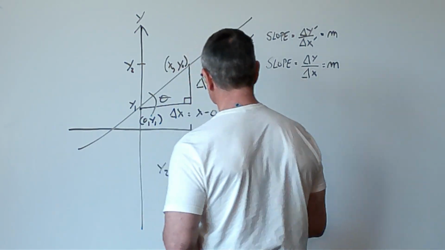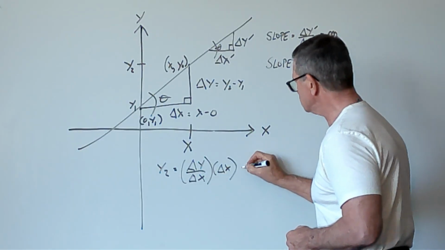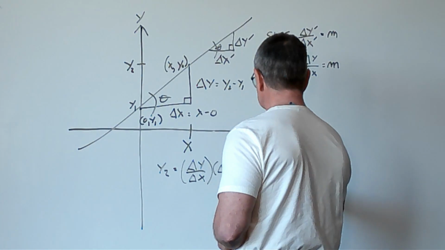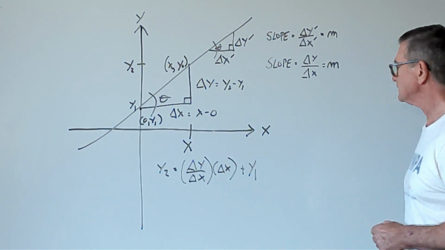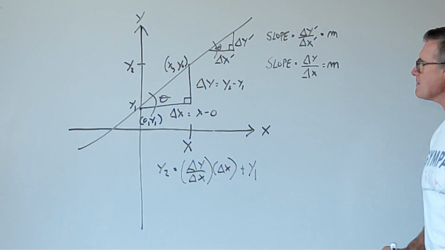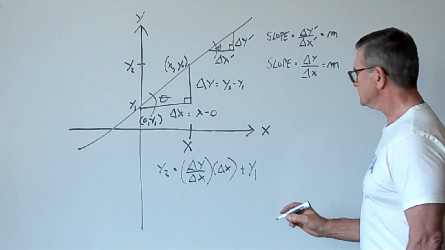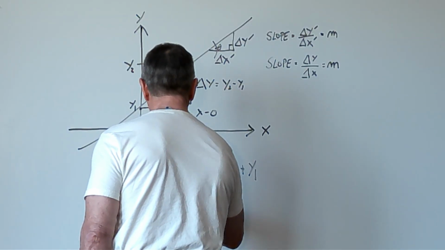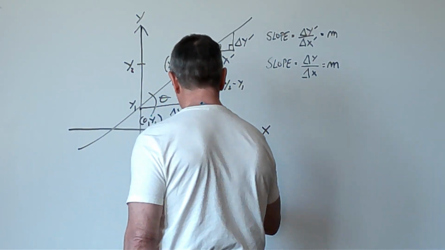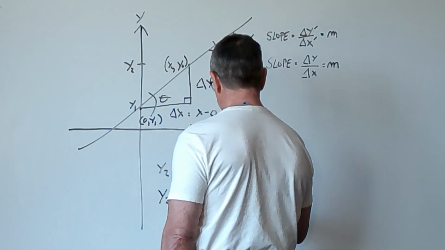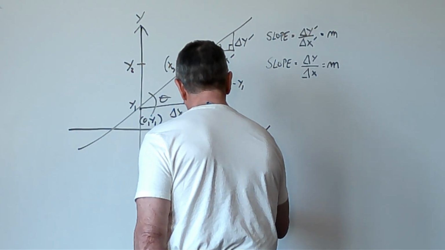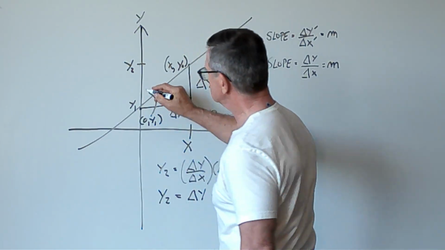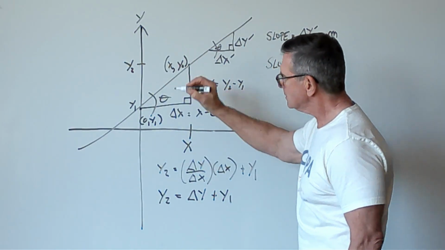So we can write a valid equation for the values of y2, which states that y2 is equal to the slope times x plus y1. So the value of y2 represents the sum of delta y and the magnitude of y1. And let's be clear, delta x has the same magnitude as x2 with the restriction that x1 is the origin.